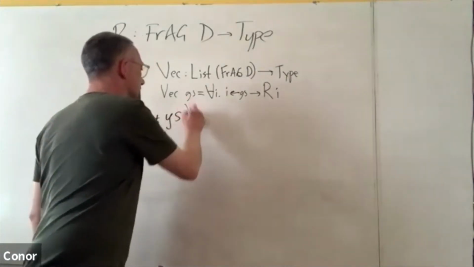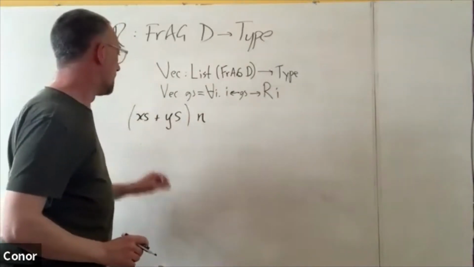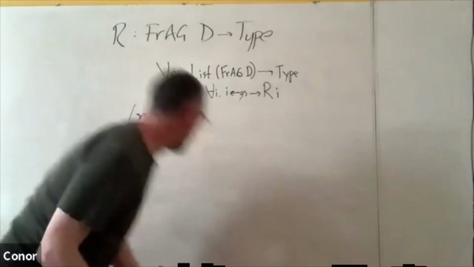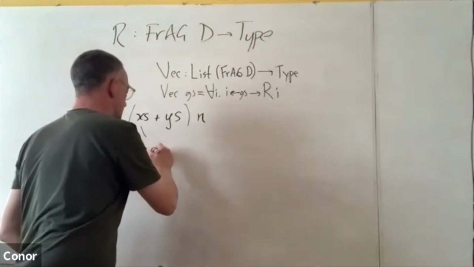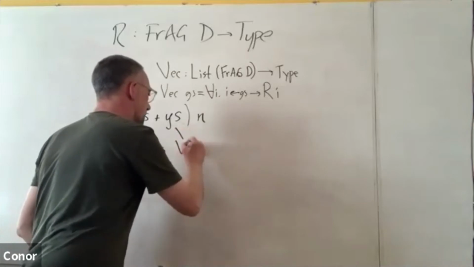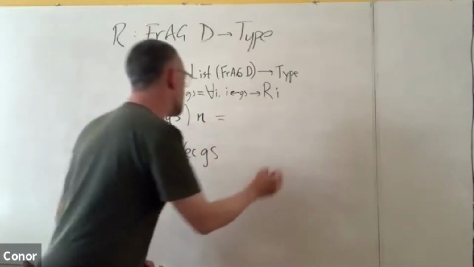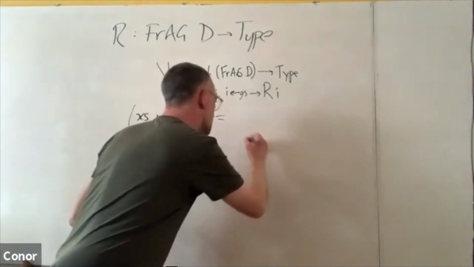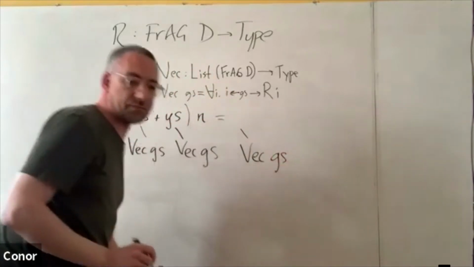These things, I guess I should give types to them. The point is that this is vec g's and that this is also vec g's. And I'm expecting to get out something that's also going to be in vec g's.